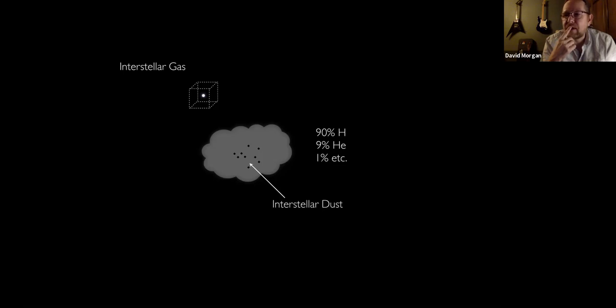Interstellar dust has a composition not too different from what you'd find in an asteroid, silicates and iron and things. And there's also little bits of ice, carbon dioxide ices, water ices, nitrogen ices, that sort of thing.